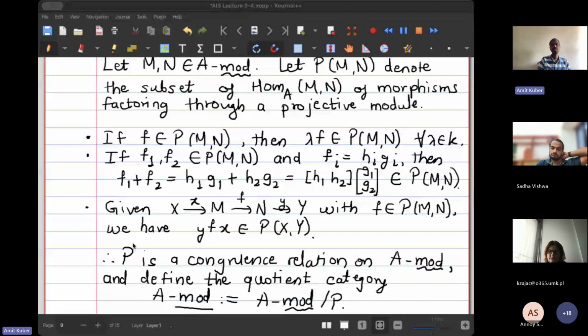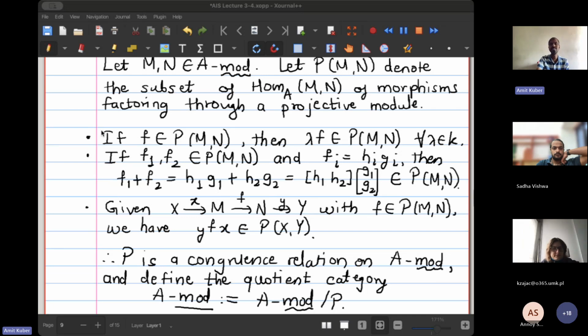A congruence relation is something with respect to which you can quotient a category. To obtain quotient categories, you need especially this third condition.